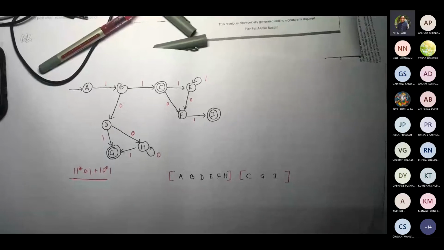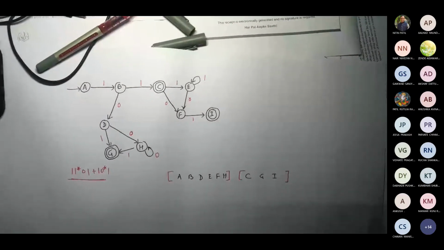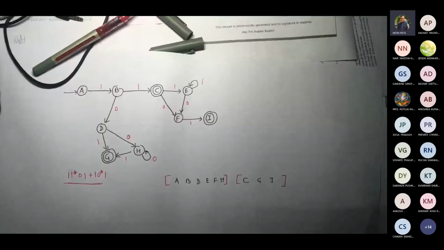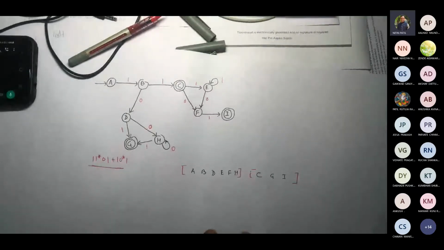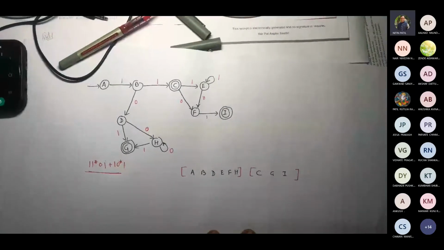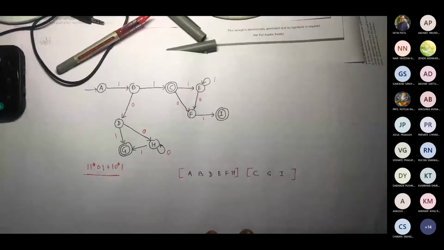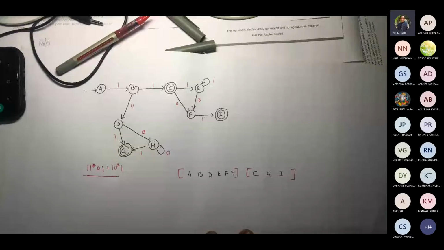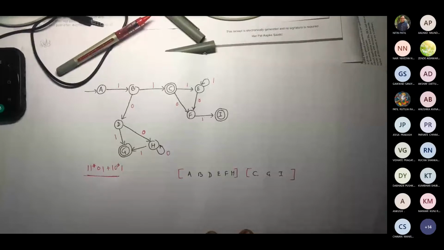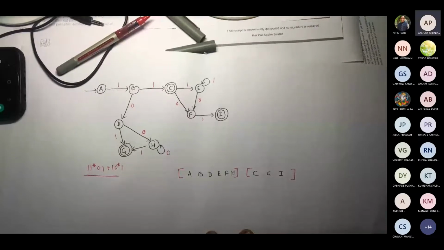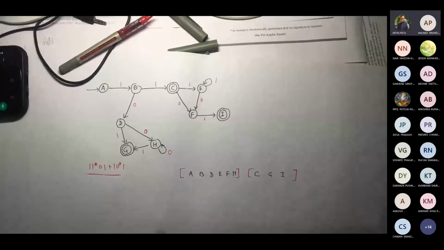But they are all different. Though they remain in the same group, they are not pointing to the same state. They are taking me outside. Am I right? Yes, sir, it is quite clear.